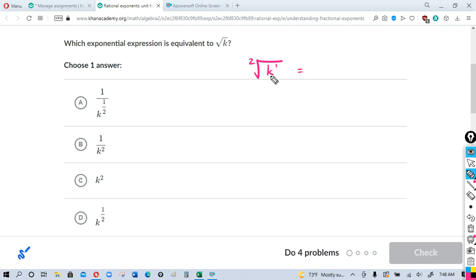So let's keep the k, and we said before the numerator is the exponent. So the exponent here is 1, and the denominator is the root, so that's 2. K to the 1/2 is the same as the square root of k. Answer D.